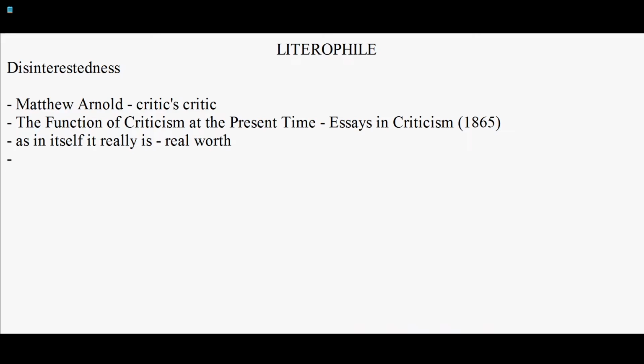All right? So the term disinterestedness can coincide with these terms of objectivity, open-mindedness, and also impartiality.